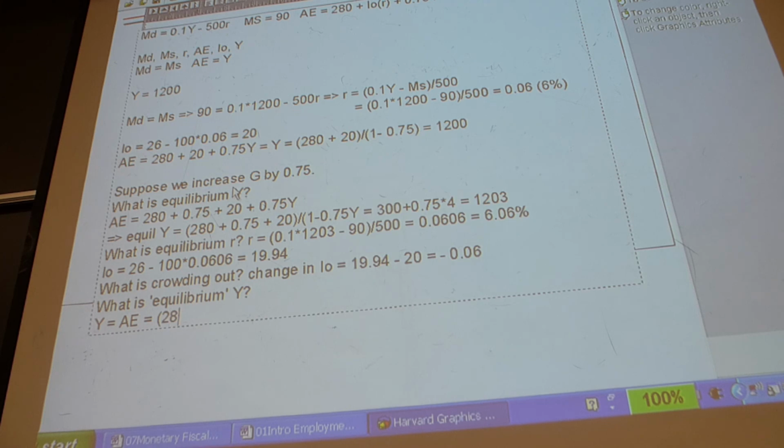We've got 280 plus 0.75 minus 0.06 plus 20, all divided, in this case, I'll just jump to the chase, by 1 minus 0.75.